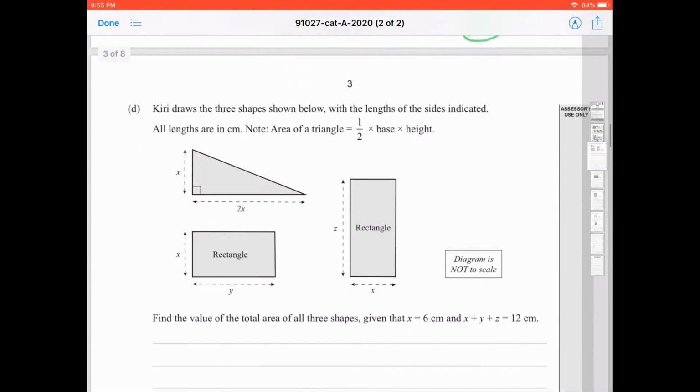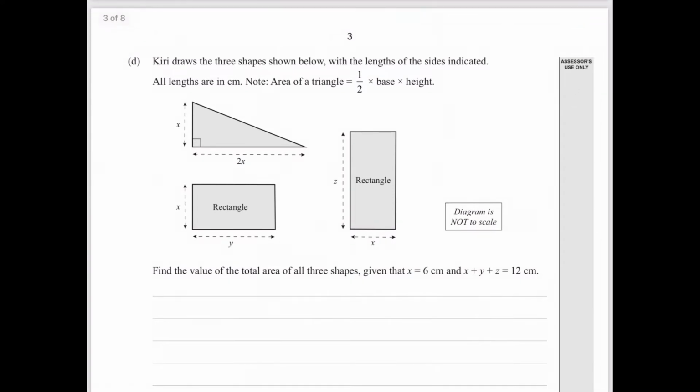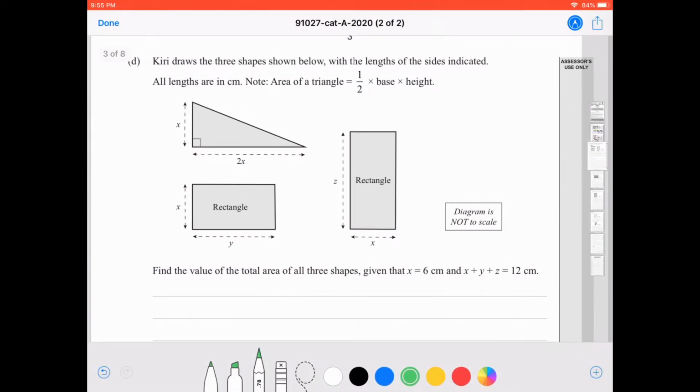Okay, moving on to question 1D now. Kitty draws the 3 shapes shown below with the lengths of the sides indicated. All lengths are in centimeters. Note, area of a triangle equals half base times height.